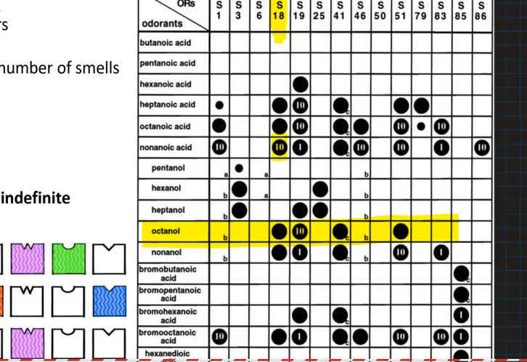Now, this is why they called it an accordion theory. You're probably familiar with a music instrument, accordion, because when a chemical strikes the receptors, the unique combination of the receptors that send the signal to the brain, in case of octanol, it's S18, S19, S49, and S51.